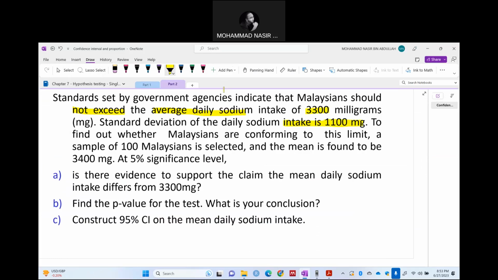So this is a population standard deviation, right? So to find out whether Malaysians are conforming to this limit, a sample of 100 Malaysians is selected. The mean is found to be 3,400 milligrams. So at 5% significance level, is there evidence to support the claim that mean daily sodium differs from 3,300?